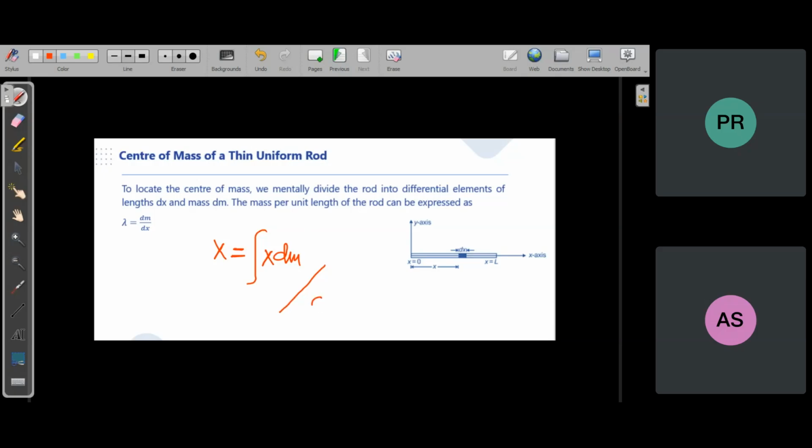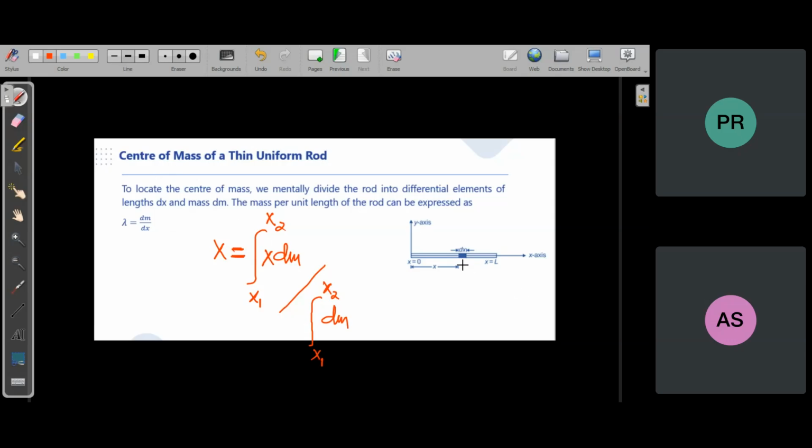Within proper limit, you will do the integration from x1 to x2, here also from x1 to x2. That x1, x2 will be clear from the question, depends on the situation. Do you have any doubt?